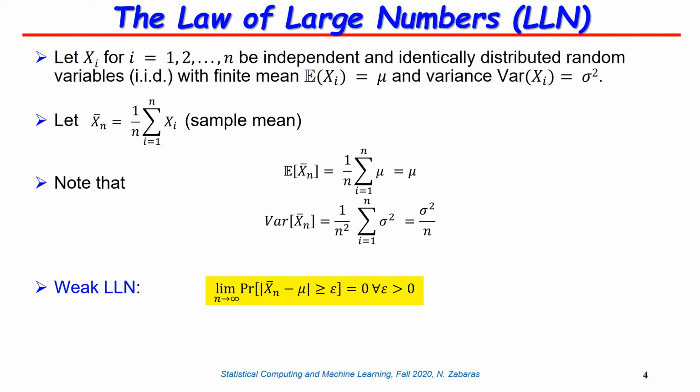In other words, if you give me an epsilon, I can make n sufficiently large so that this probability becomes equal to 0. So effectively you get a sense by looking at the weak law of large numbers that the sample mean, asymptotically in the context of probability, approaches the true mean of the distribution.